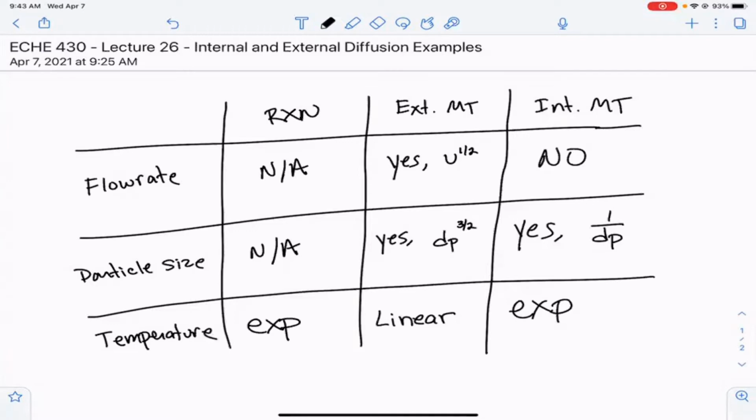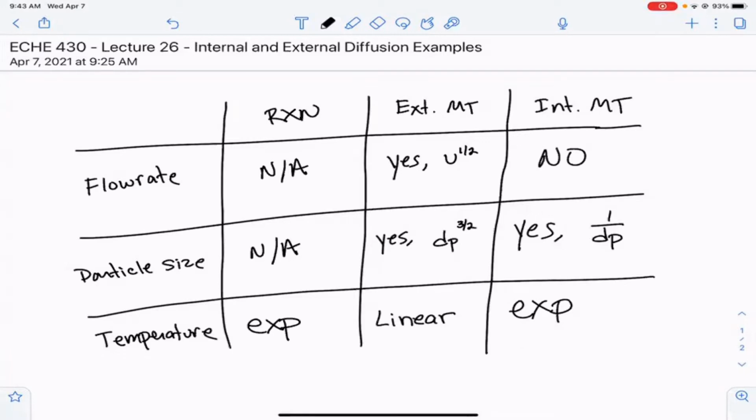When you talk about external mass transport control, everything has a little bit of an effect. The flow rate has an effect, about the flow rate to the 1/2. The particle diameter has an effect. The temperature has a linear dependence. And when you're internal mass transport limited, the flow rate has no effect. The particle size does. And we are also exponentially dependent on temperature. And we showed why in the last lecture.